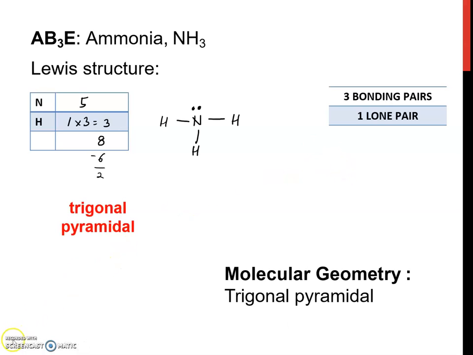How do you know if you don't remember? Remember the total electron pairs around NH3 is 4. 4 electron pairs include bonding pairs and lone pairs.